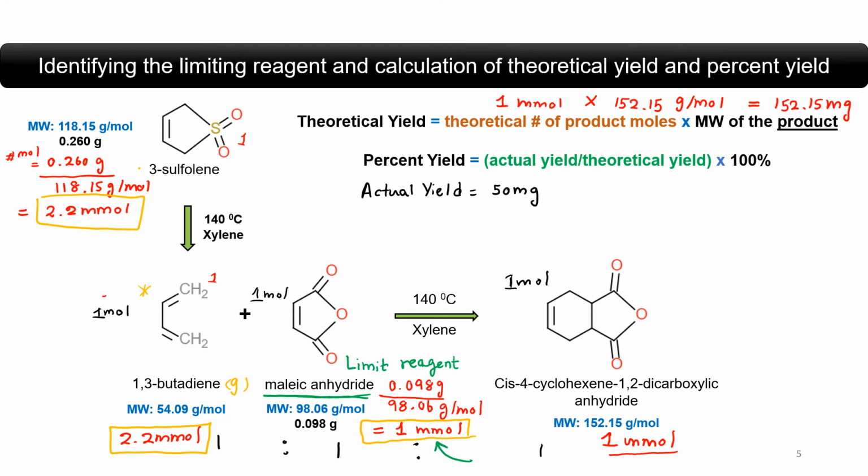The percent yield is going to be the 50 milligrams, so actual yield over the theoretical yield times 100. So this is approximately about 1/3 of the number we were expecting, so it's going to be something like that. So now we can get an idea how successful or otherwise our reaction was.